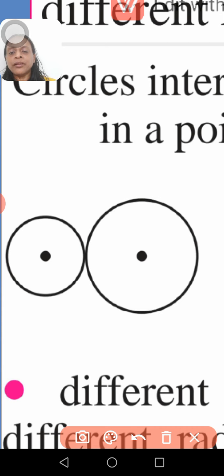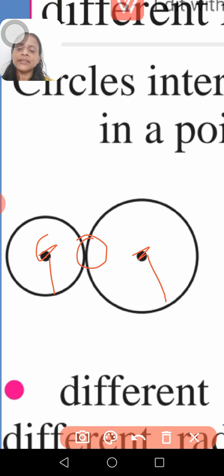This is the first center and this is the second center, and this one's radius is this one, and that one's radius is this one. By seeing itself we can understand that both radii are different, but they intersect in one point.